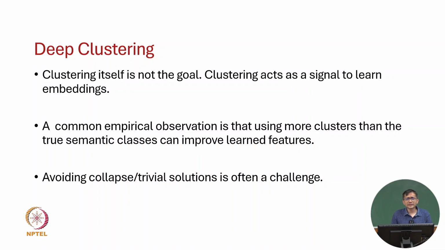You can think about it like this: all of the data you have, like images, most of the data points could just collapse to a particular cluster, right? So these issues are often a challenge. We'll not discuss these issues in detail at this point. However, if you actually try to apply deep clustering, this is something very important to keep in mind.